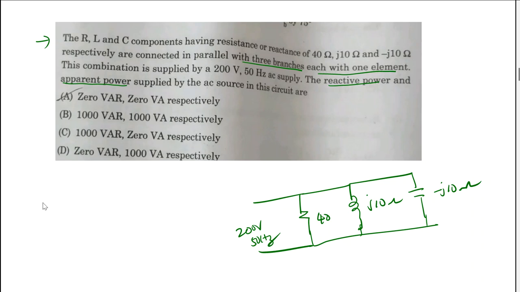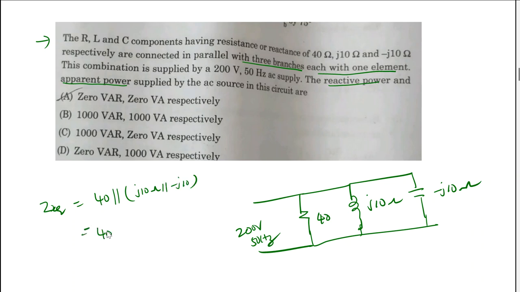So first of all, find the value of Z equivalent here. So Z equivalent impedance is equal to 40 in parallel with j10 ohms in parallel with minus j10 ohms here, right?